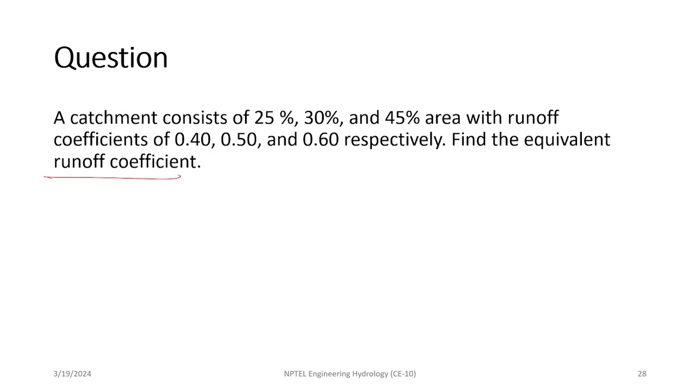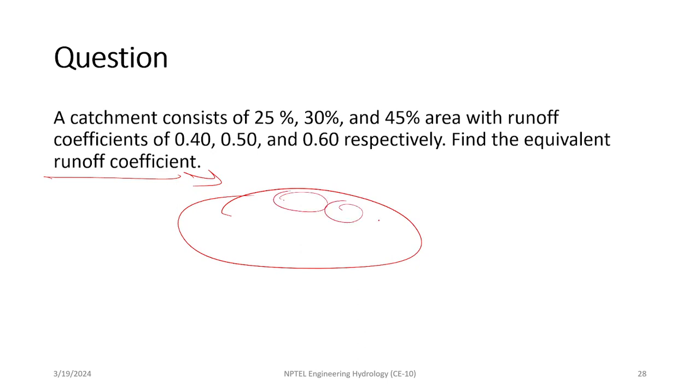I hope you may know one word, that is Manning's coefficient, which is one of the parameters that represent the variability, roughness, along the river bank or the channel. In a similar fashion, runoff coefficient is introduced in order to take care of the catchment, what flows are going on in different areas.